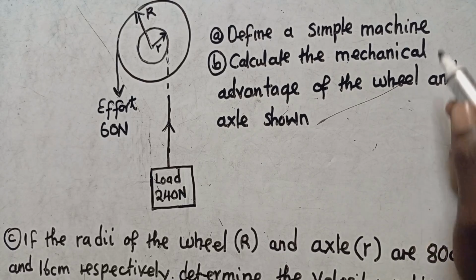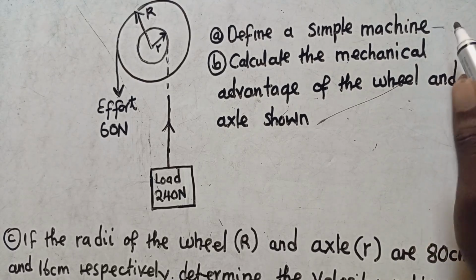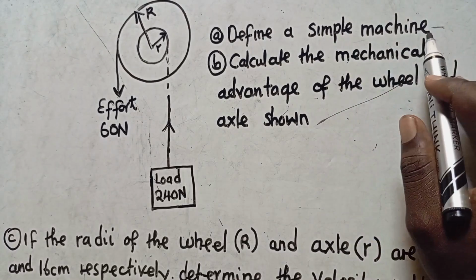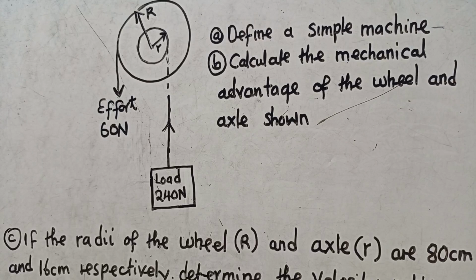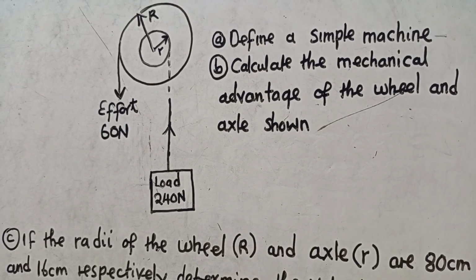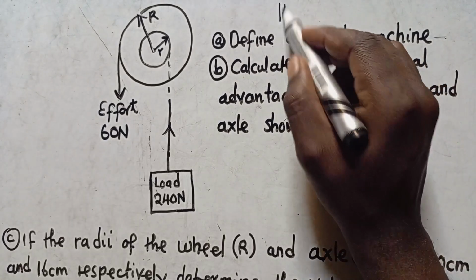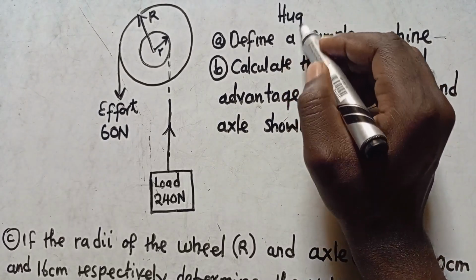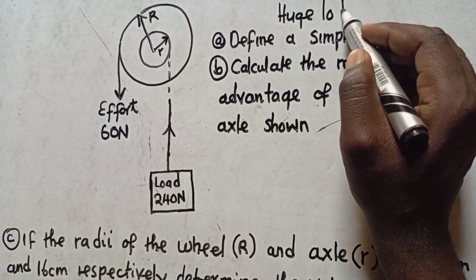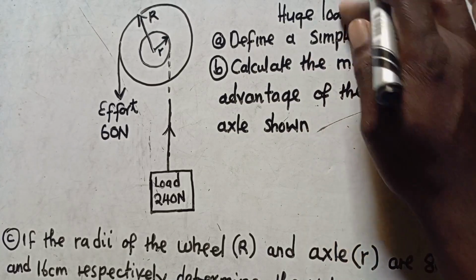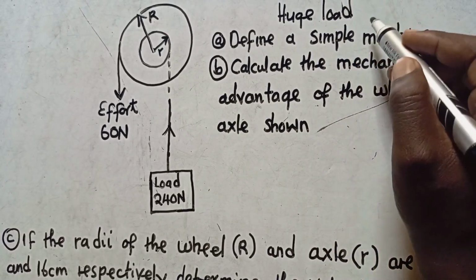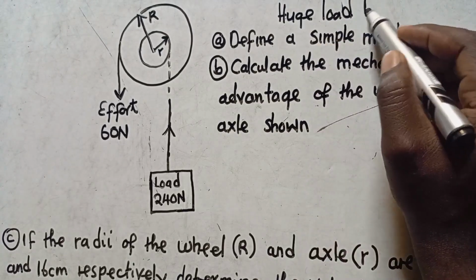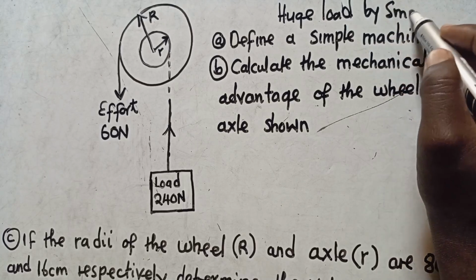So whenever we are talking about a simple machine, we are talking about a device that is used to overcome a huge load by using a small amount of effort.